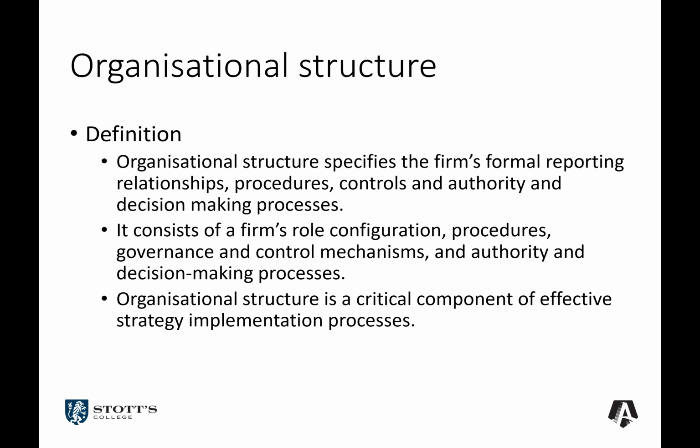You will remember that strategy is a set of decisions about policy and procedure and the allocation of resources. It's a set of decisions which require processes. So having a structure that aligns with your strategy will enable that set of decisions to occur in the most effective way. And how do we do that?